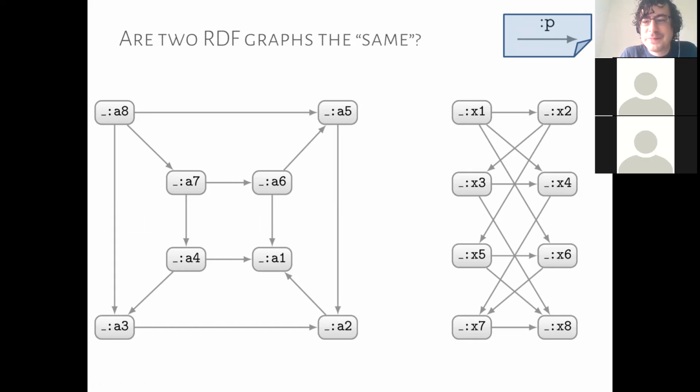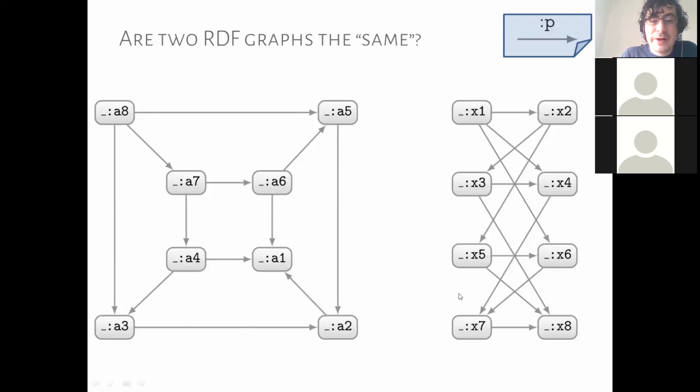Maybe, because they don't mean anything. They both have no significance. Yeah, so in some sense, what we would need is to see if there's a way to map all of these blank nodes in a one-to-one manner, such that we get the same graph.